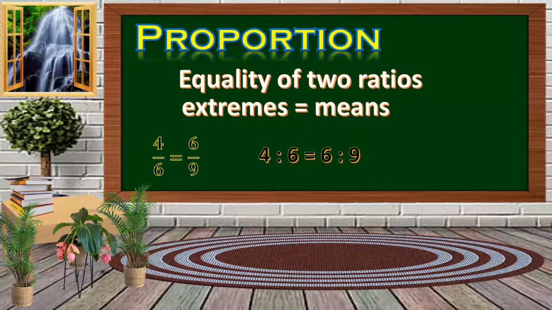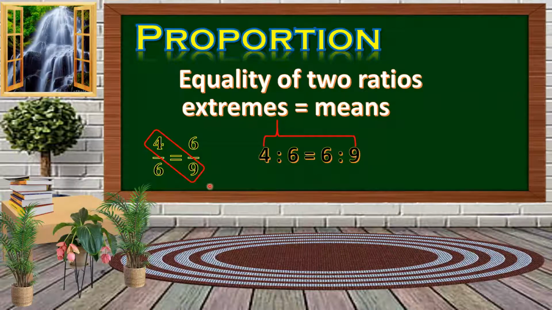When you say extremes, this is the numerator of the first ratio and the denominator of the second ratio, or in the colon form, the outer numbers, 4 and 9.